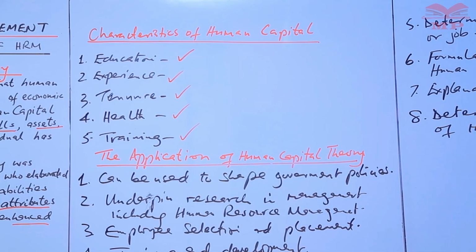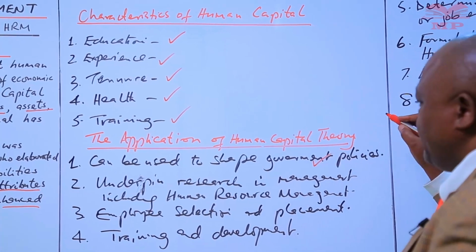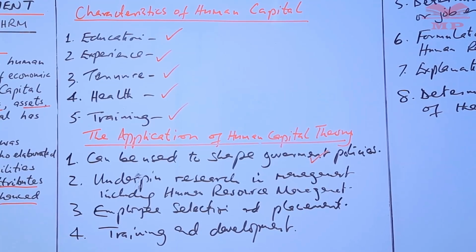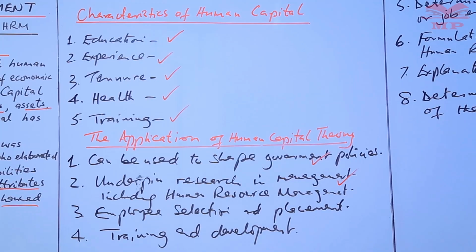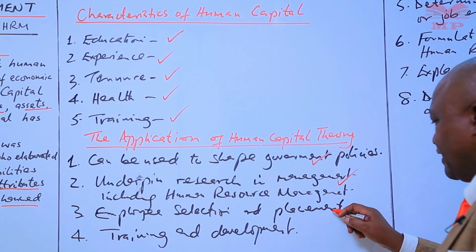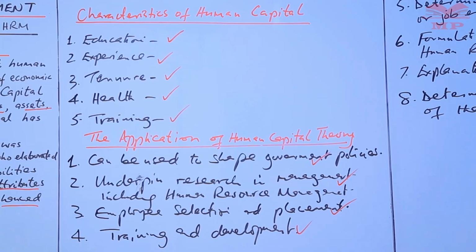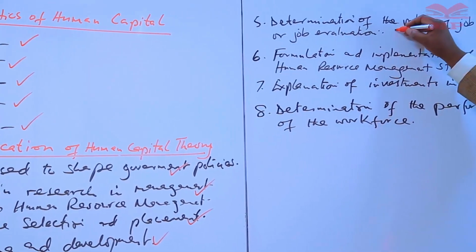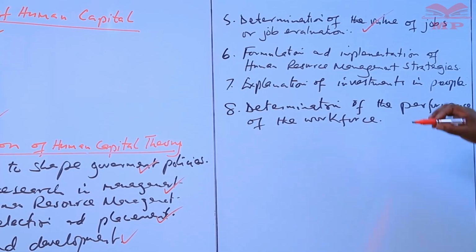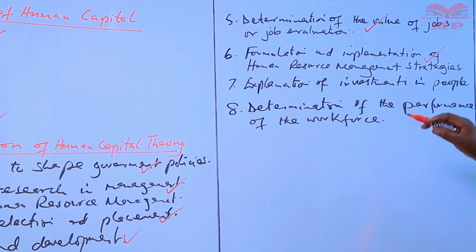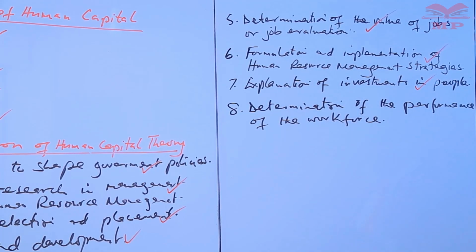Then we have gone ahead, Lana, and looked at application of human capital theory, and we have indicated that 1, it can be used to shape government policies; 2, underpin research in management, including human resource management; number 3, employee selection and placement; number 4, training and development; number 5, determination of value of jobs or job evaluation; number 6, formulation and implementation of human resource management strategies; number 7, explanation of investment in people; number 8, determination of the performance of the workforce.